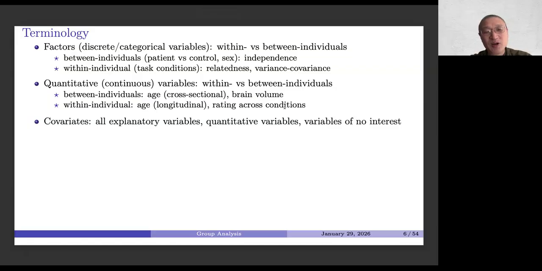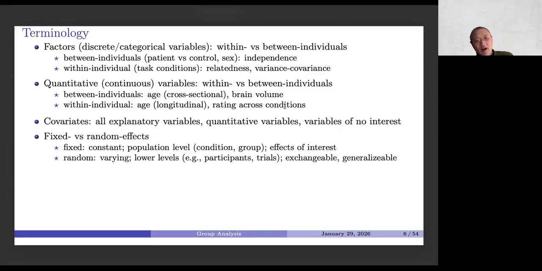Some people use it for all the experimental variables, or quantitative variables, or variables of low interest. Especially if it's variables of low interest, it can be slippery. We will talk about why we need to be careful about what kind of variables should be included as covariates. Then there's the concept of fixed versus random effects.